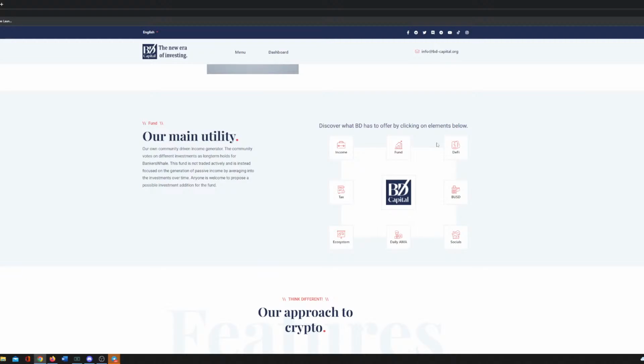In this poll, every single bank holder is qualified to take a vote. And then, of course, it's just which decision gets more votes there. Then we decide as a community if we want to add this investment case to the portfolio of Bankers Whale.